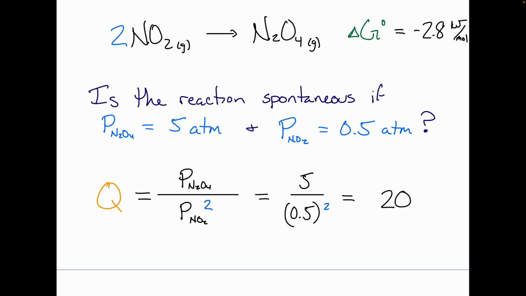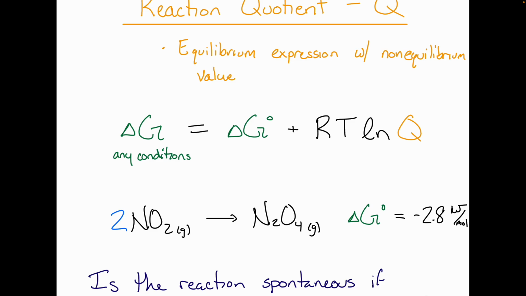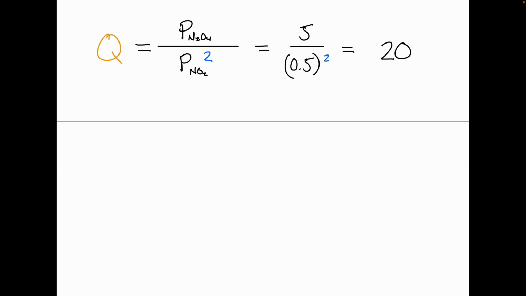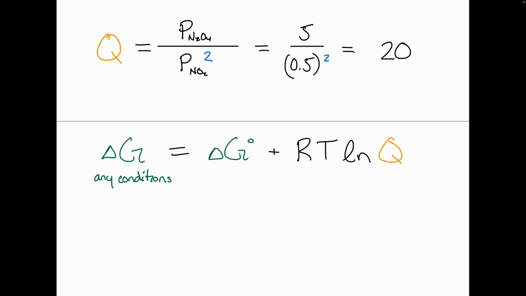All right. So now we're going to use our equation. We're trying to figure out what this delta G is under any conditions. We got to use that negative 2.8 kilojoules per mole. That was what we got for our standard free energy change, right? Our delta G naught.